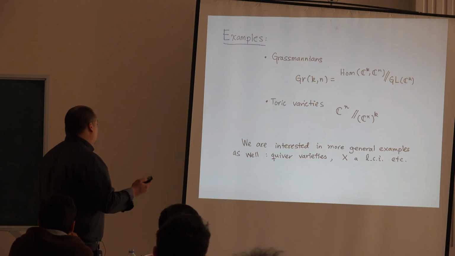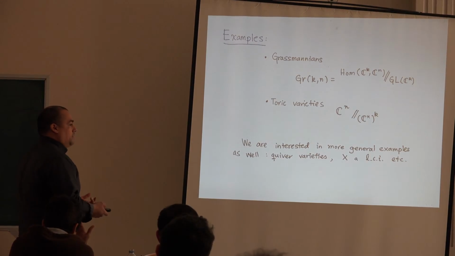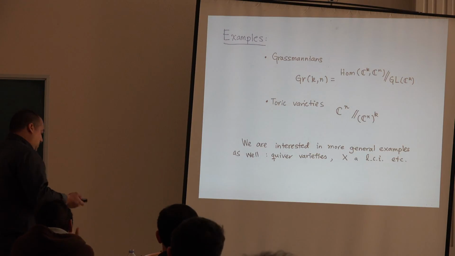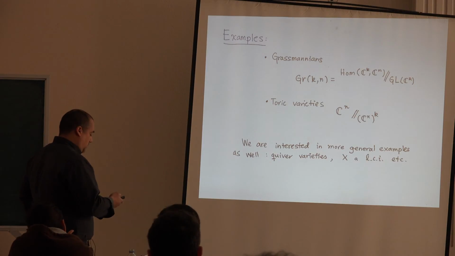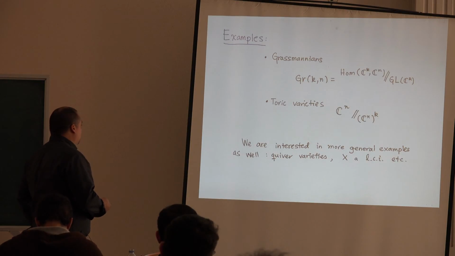But now there are many people working on this particular problem, and what I'm going to say is just one of the many ways of computing the quantum K-theory of those objects. In general, we're interested in much more general examples, equivariant varieties in the case when X is not necessarily smooth, but has local complete intersections and so on. So perhaps in the future we will tackle those problems as well.